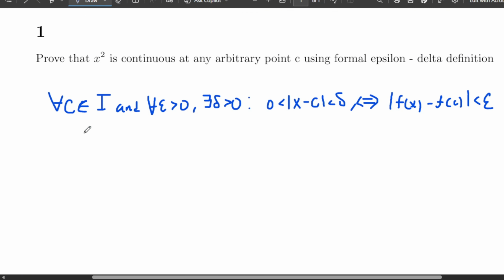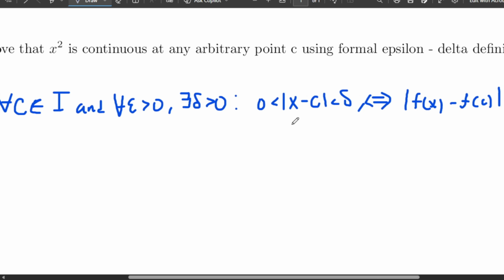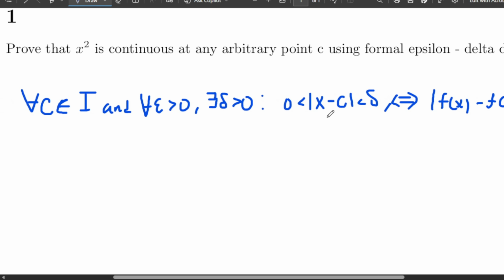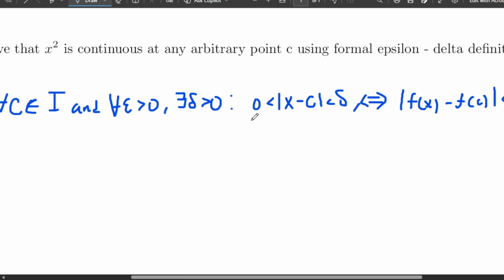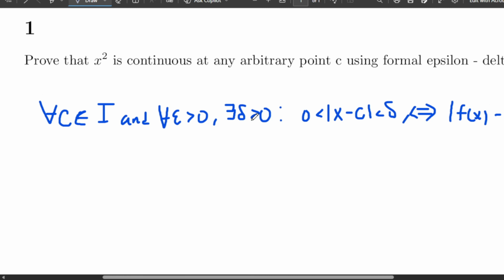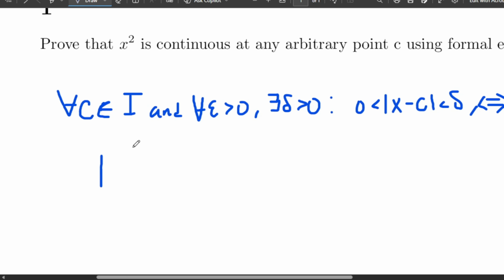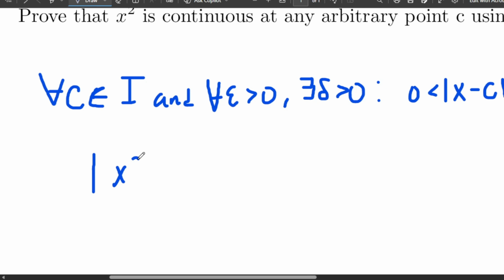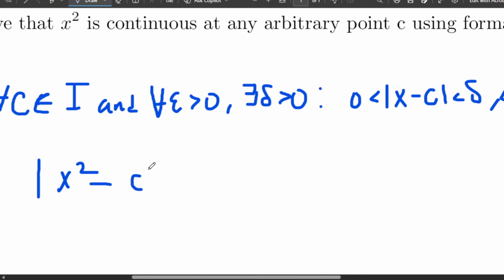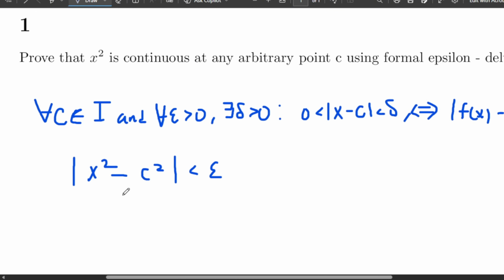So let's get started. We want the distance of f of x and f of C to be strictly less than epsilon, while the distance x minus C is strictly less than delta and greater than 0. So whenever this happens, our function x squared minus C squared is less than epsilon.